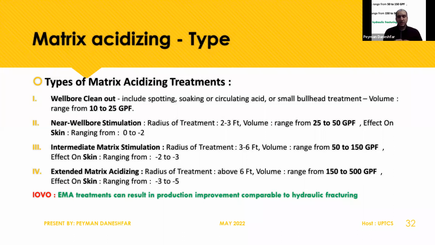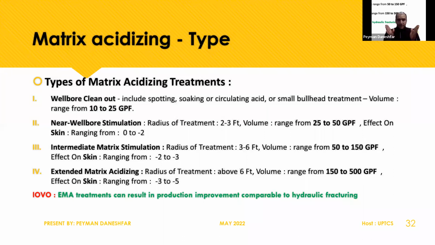For EMA, the radius of our treatment is above 6 foot, and the range of the volume that we use is 150 to 200 to 500 GPF. The effect on the skin factor is about -3 to -5.